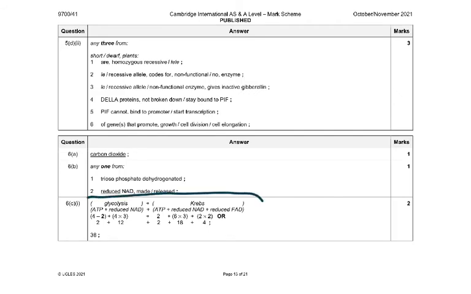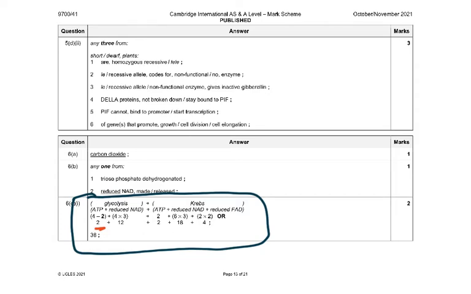As you can see here in the mark scheme, it's very, very clear how it's been made. So ATP was 4 minus 2 because we had actually spent 2 and then we gained 4. So I gave you 2 rupees and you gave me back 4 rupees. So it's a net gain of 2. So the 2 here. And then 4 NADs were being made in glycolysis, so 4 NAD, because they've bracketed glycolysis and the link reaction together.